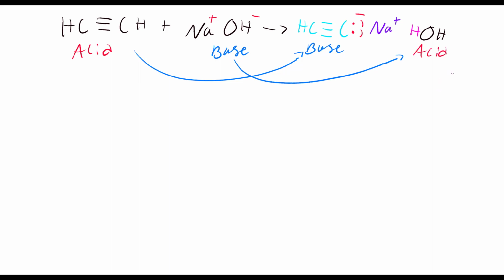Okay. Now we're going to do my method, and my method is that we're going to compare our bases. Whenever you have a base, you're just going to ignore sodium. Just ignore it. So we're going to write out OH negative, so it's hydroxide, and we're going to compare it versus HC triple bond C negative.